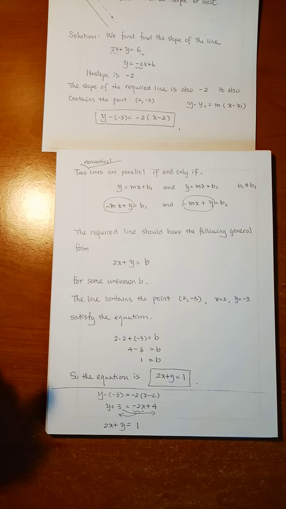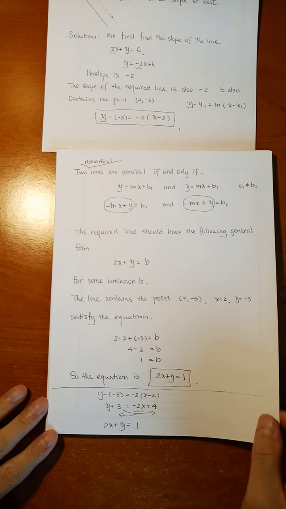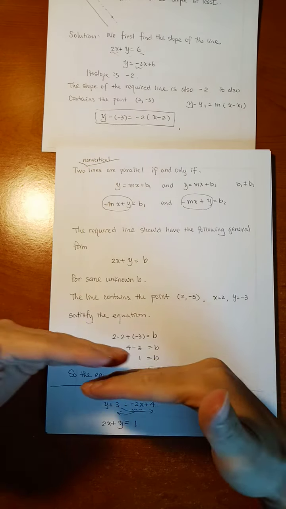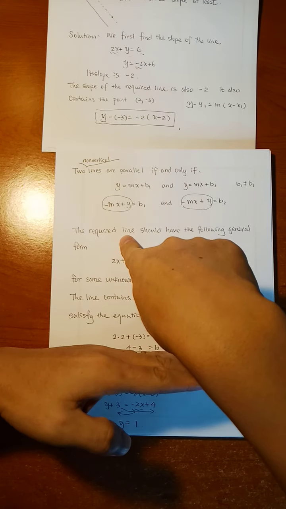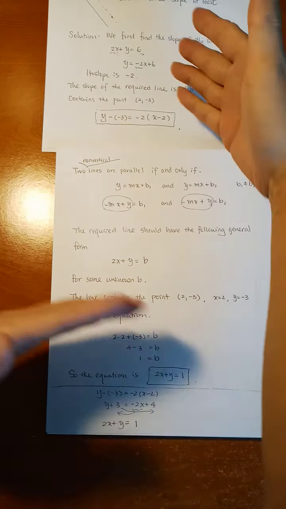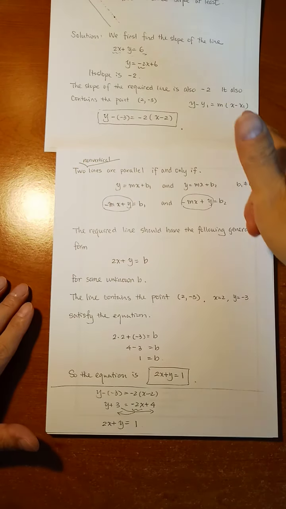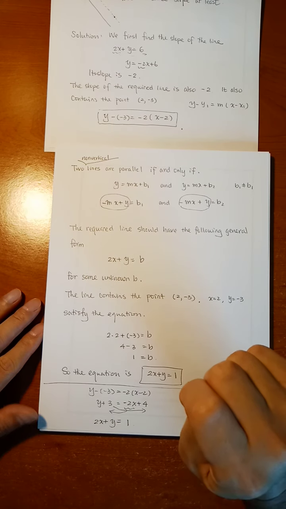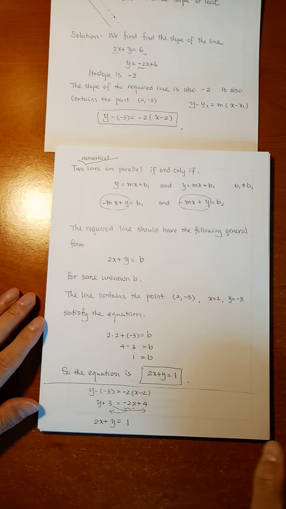Okay, very good. Let's see the other. Whenever you have a given line and a point outside the line, and you want to find the equation of the parallel line, you are going to consult this example. There are two methods to apply.